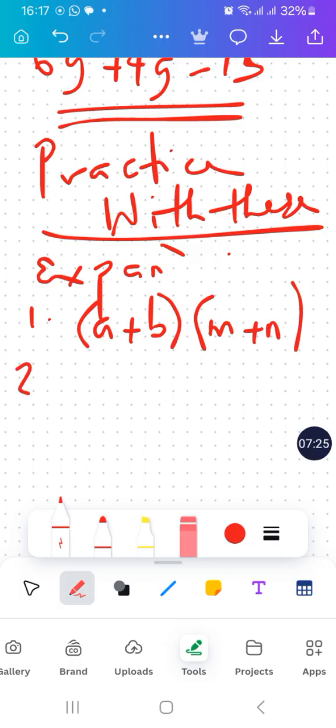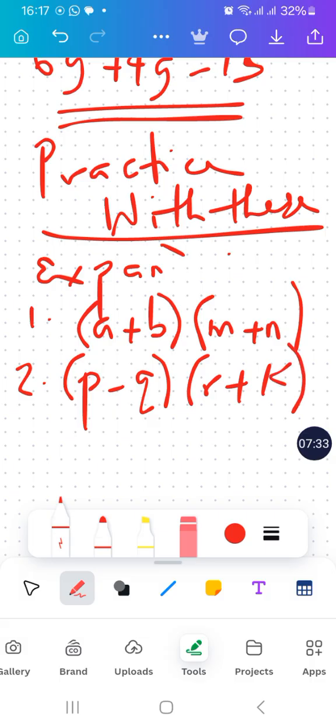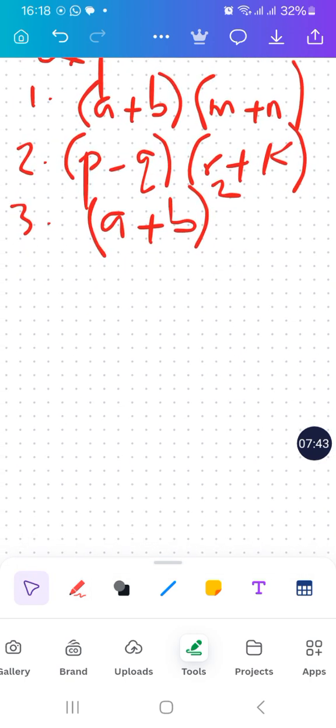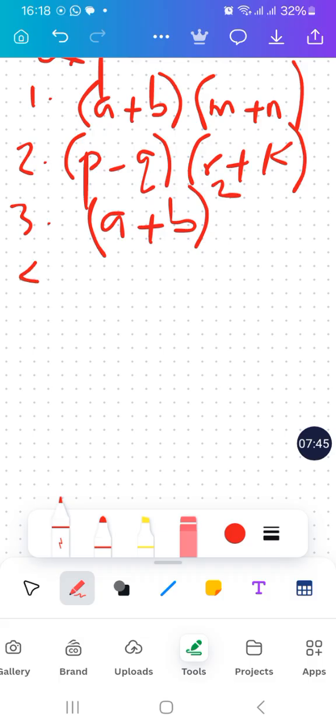The second one, p minus q into brackets r plus k. The third one, a plus b all squared. Let's make it up to 10, because when we practice more, there's a high tendency of us doing well in our exams.